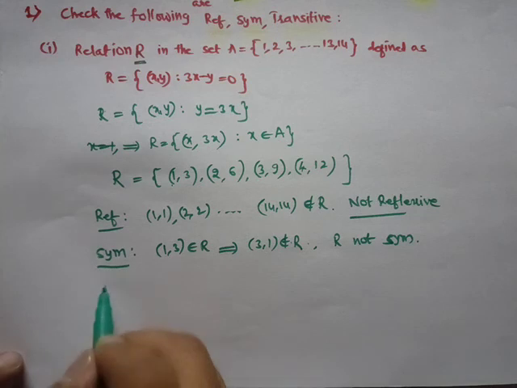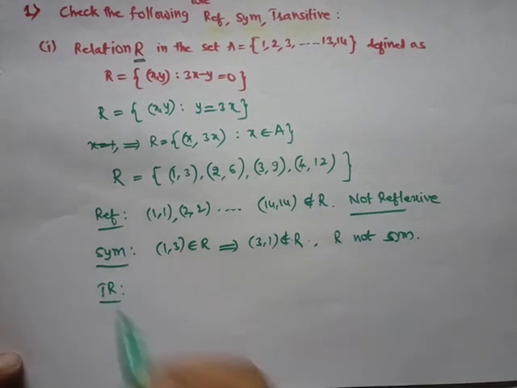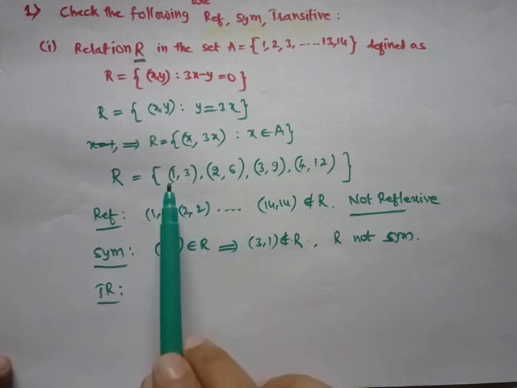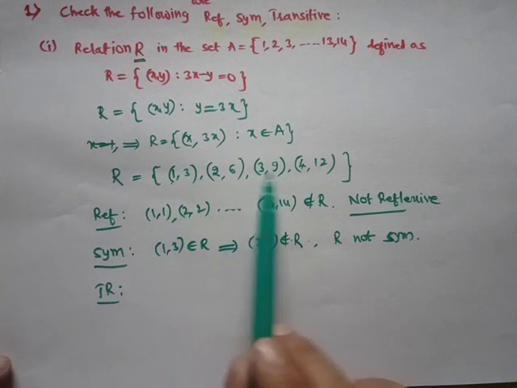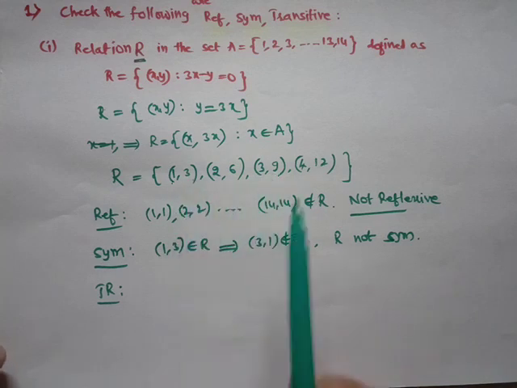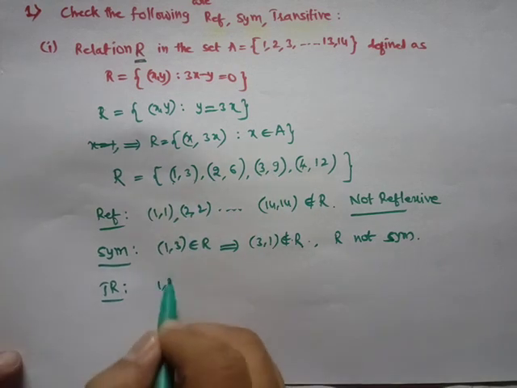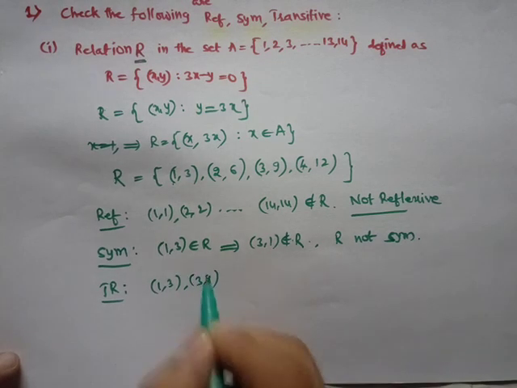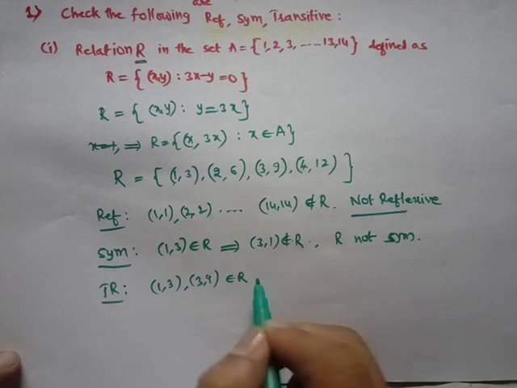Now coming to the last, transitive, whether it is transitive or not. Now we'll see a few of the things. If (a, b) and (b, c) are present, whether (a, c) is present or not. (1, 3) and (3, 9) both belong to the relation.